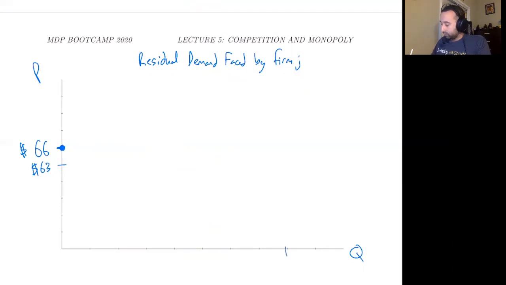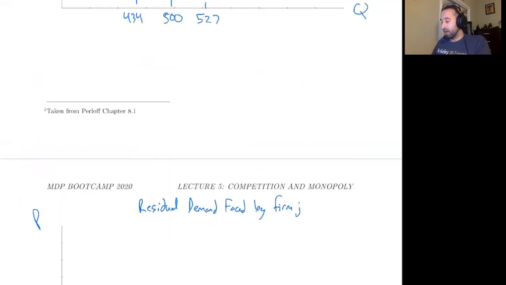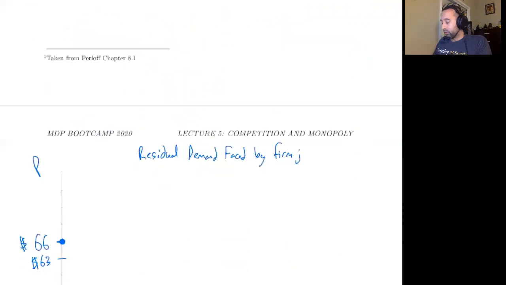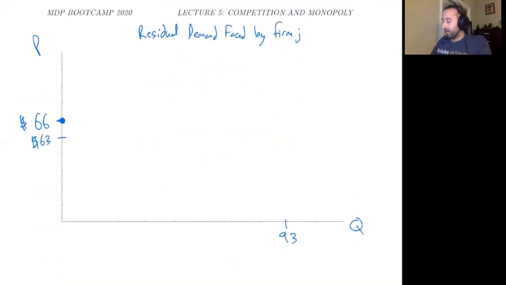So we know from our previous graph that at a price of 63, there's a demand of 527 shares, but there's only a supply from all the other firms of 434. This difference is equal to 93 shares that still need to be supplied. Okay, so that's why we have this 93 here.